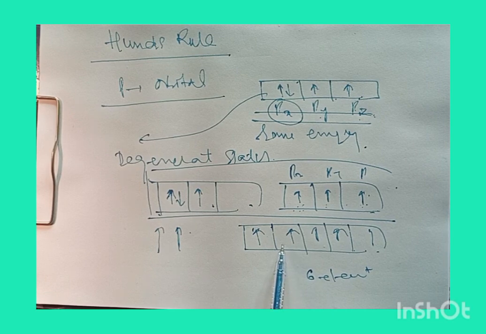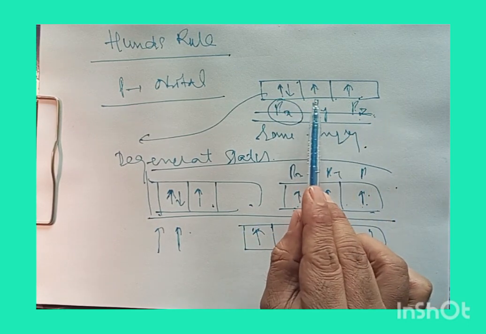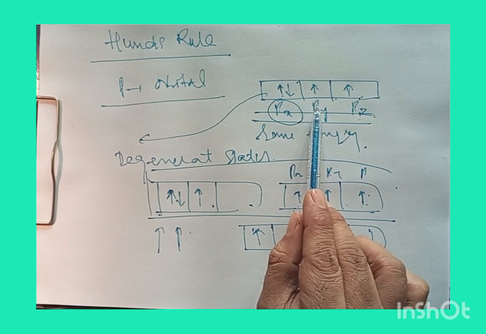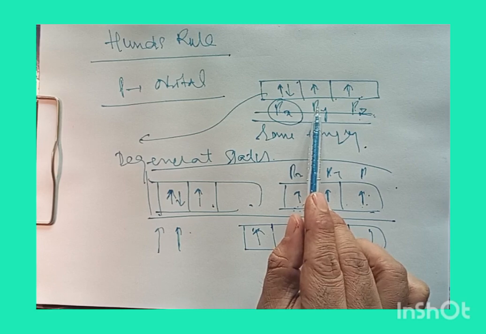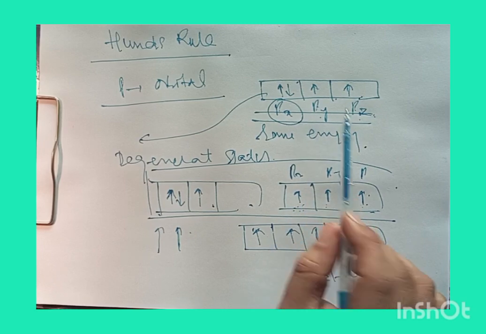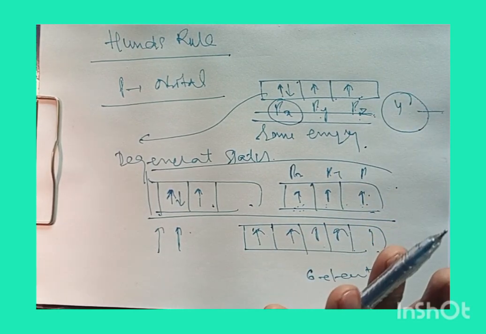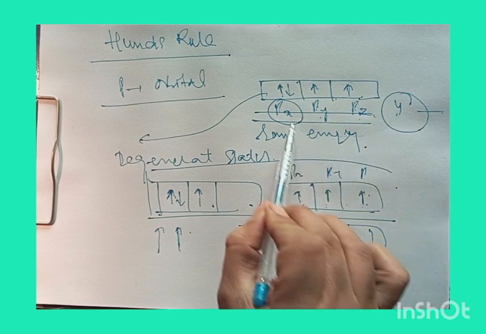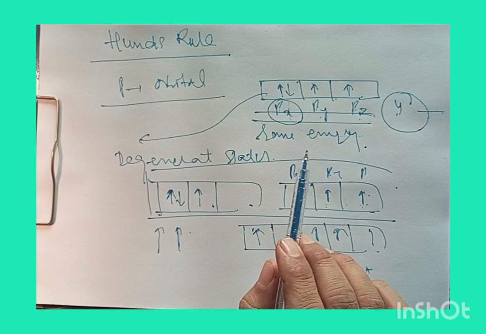When all the orbitals get singly occupied, the incoming electron has two choices: either to pair up with another electron or to go to the next higher orbital. So the fourth electron that I will have here has only two choices.